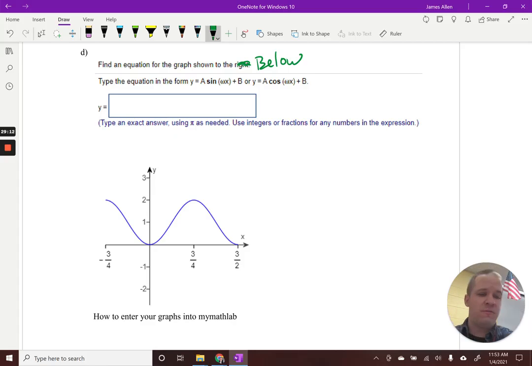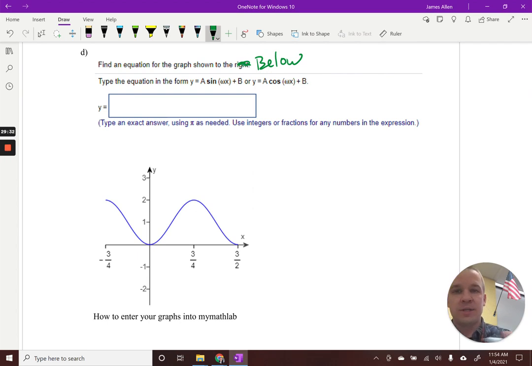So they tell you the formula with their variables, whereas some textbooks would use b in place of that omega. This is what our online textbook decided to do. Type the exact answer using pi as needed. Use integers or fractions for any numbers in the expression.